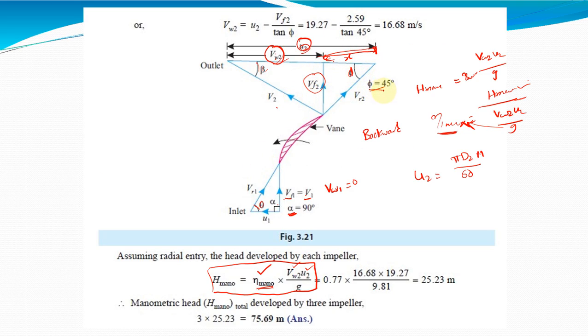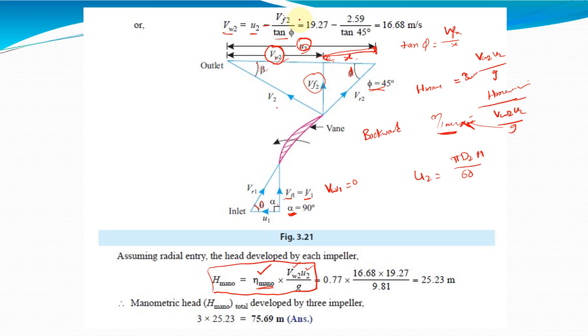Now you know the phi value, 45 degrees, and you know VF2. So can we calculate this X value? Tan phi is equal to VF2 by X, so X is equal to VF2 by tan phi. So VW2 is equal to U2 minus VF2 by tan phi.